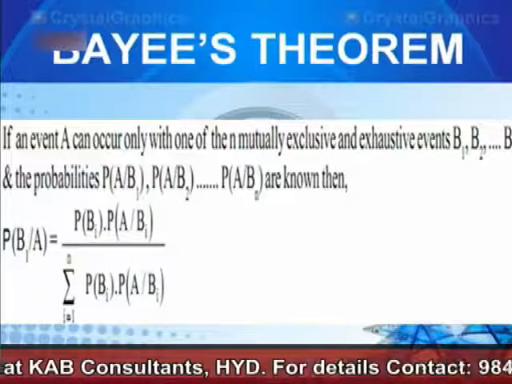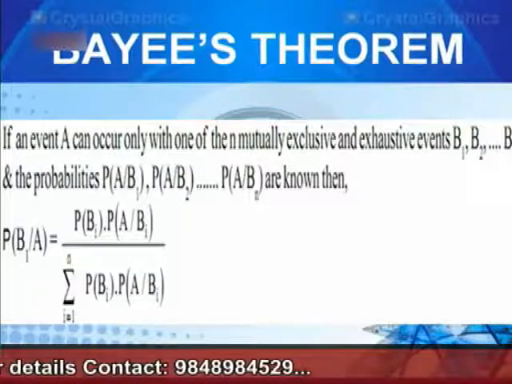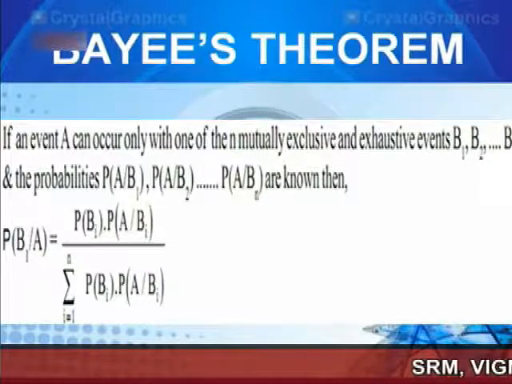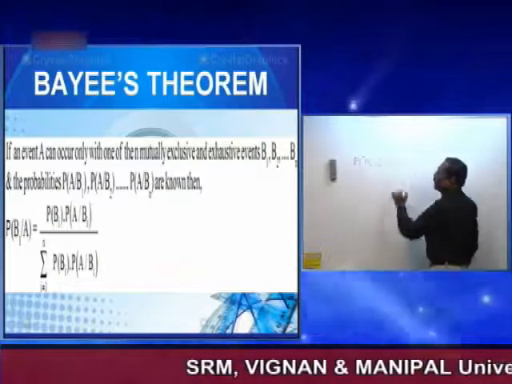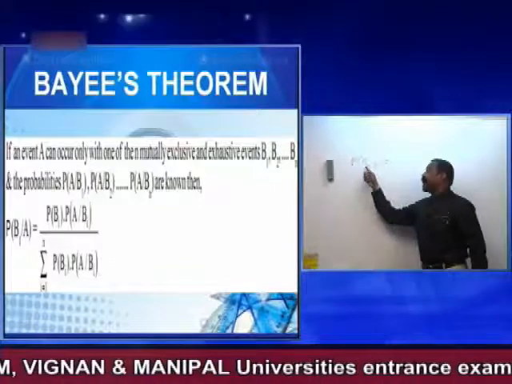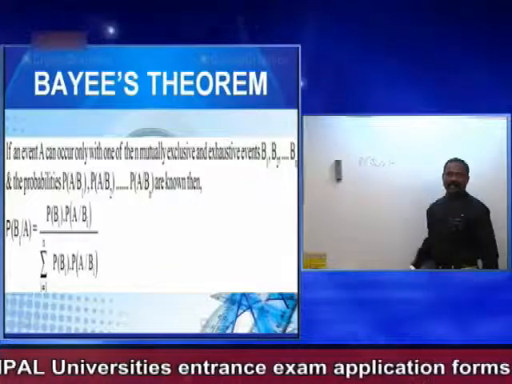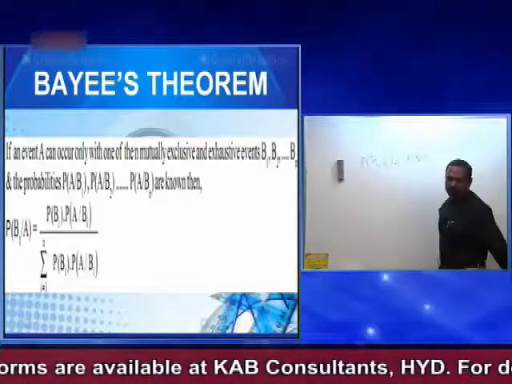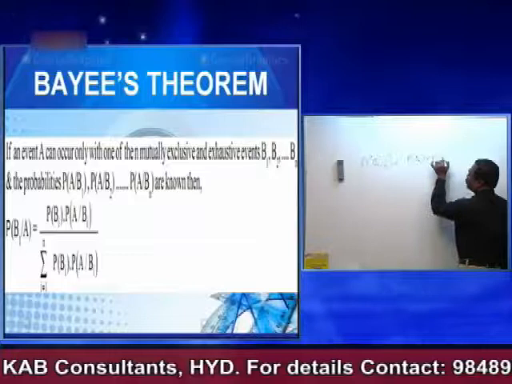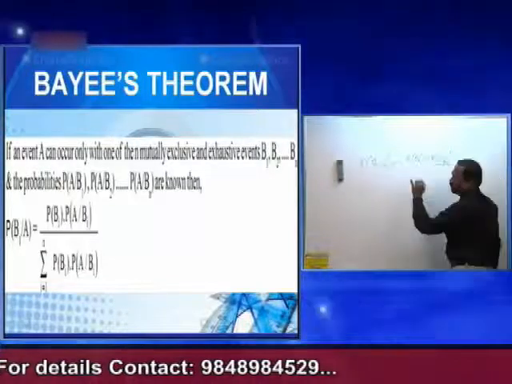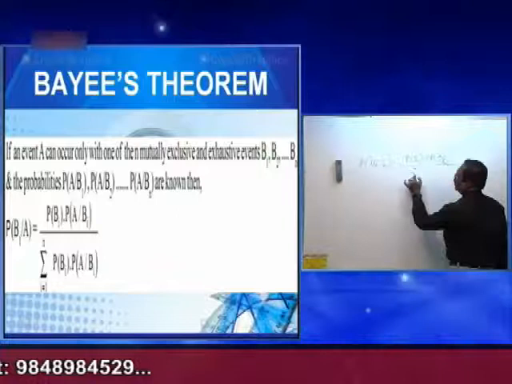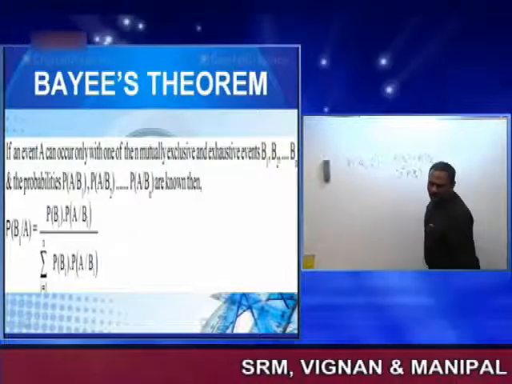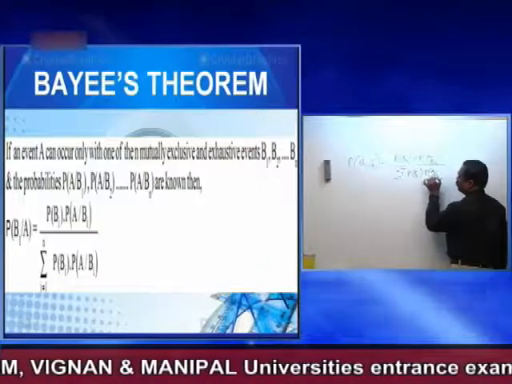And what we need is the probability of occurrence of event Bi given A, which is defined to be P of Bi into P of A given Bi, whole divided by sigma P of Bi into P of A given Bi.